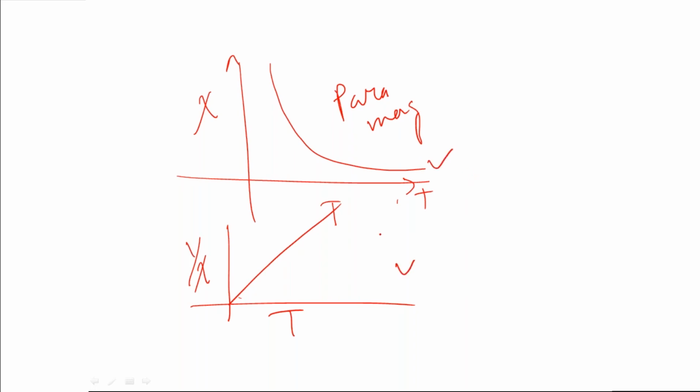Okay, this is for a paramagnet. This is temperature and this is chi.